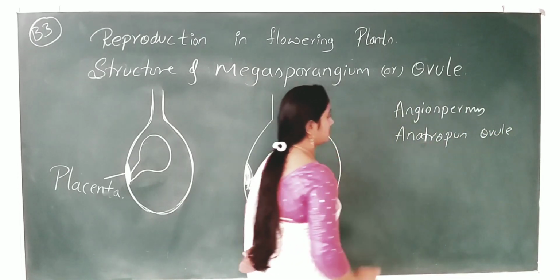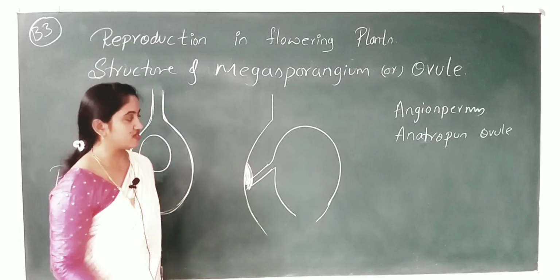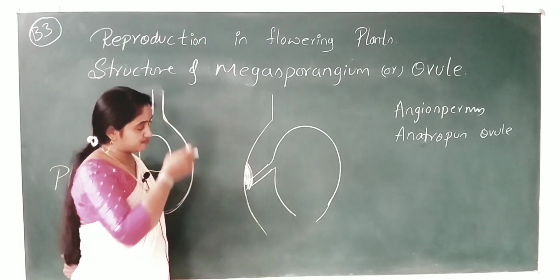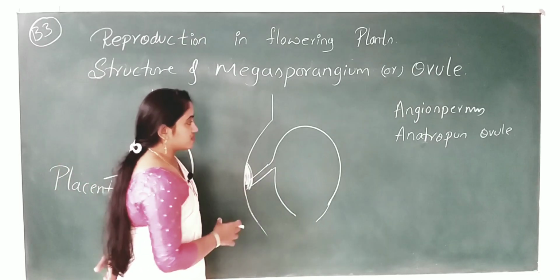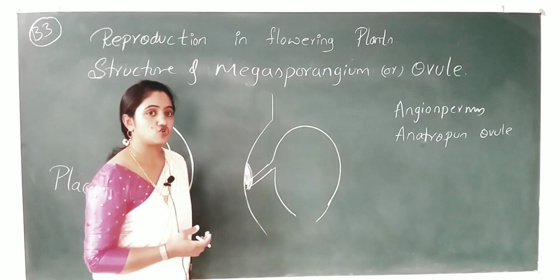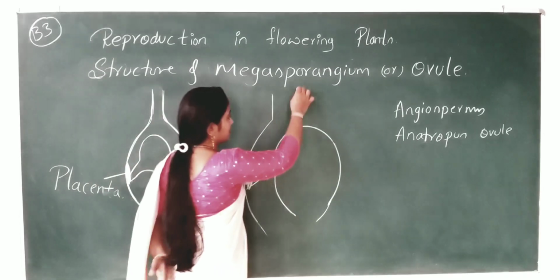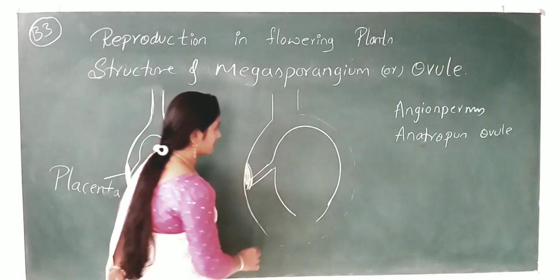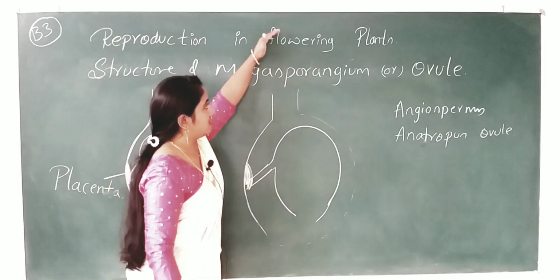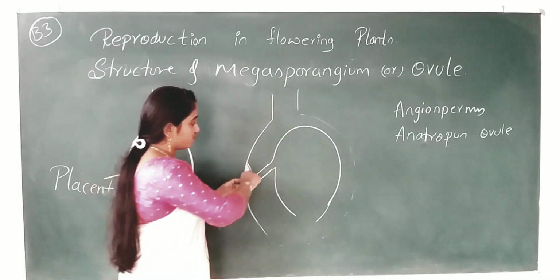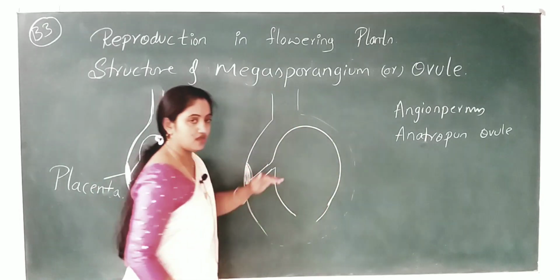What is an anatropous ovule? Here I am drawing it. Anatropous is nothing but upside down. This is the ovary, and the upper part will be here, but the ovule is upside down.